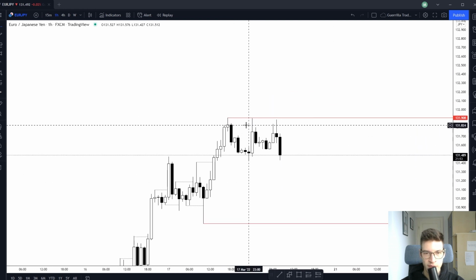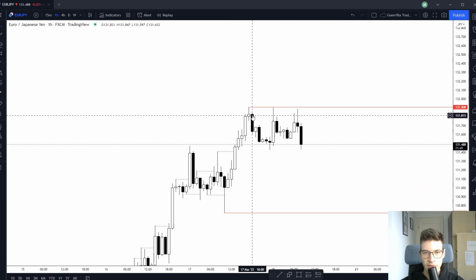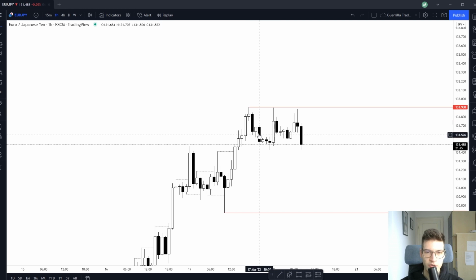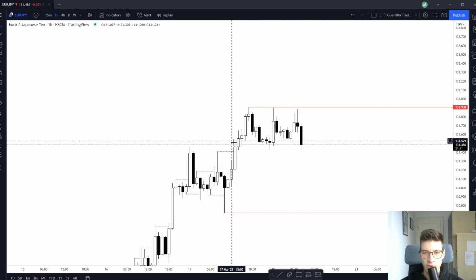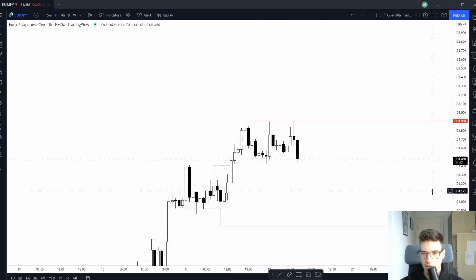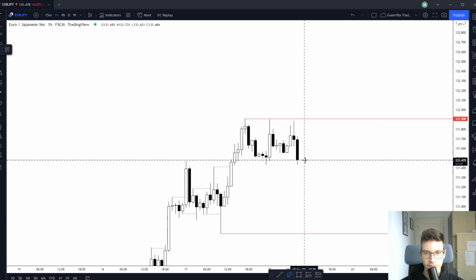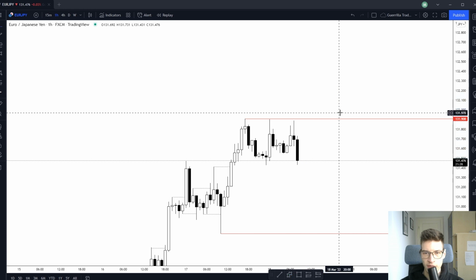But I wasn't looking for any trades at this point because I was seeing a large impulse, a large wick, and then an aggressive retrace. And when I see an aggressive retrace and a large wick, especially on the Japanese pairs, so I'm not looking for any trades. I'm waiting for the break of the low or the high. So currently, if we do break the high with some momentum, then I'm definitely looking for a long trade.